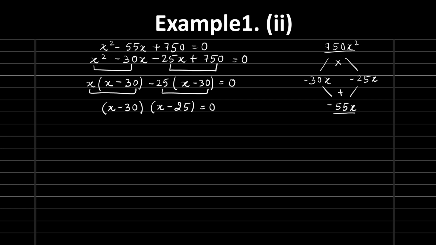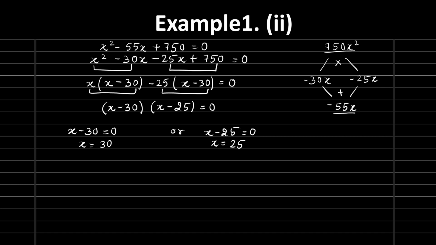Now, since the product of two factors is equal to 0, the possible cases would be either x minus 30 is equal to 0. From here we will get x value as 30. Or x minus 25 equal to 0, which gives us x equals 25. So here also we got two possible values of x, 30 and 25, and both of them are possible, right?